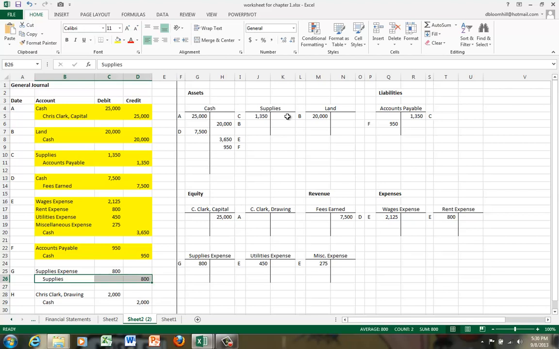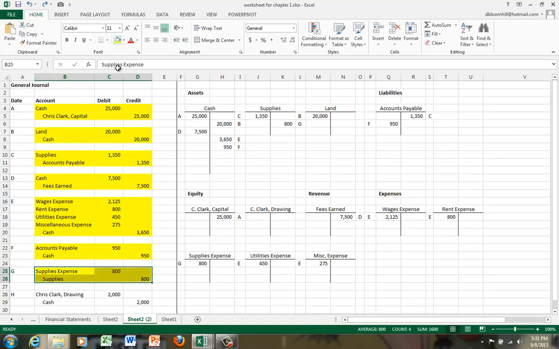So we go to the supplies account, we enter $800 on the credit side, and that one is transaction G. And now we are all done with transaction G. Now we have only one more transaction to post before we can get the ending balances in each account and then create our trial balance.